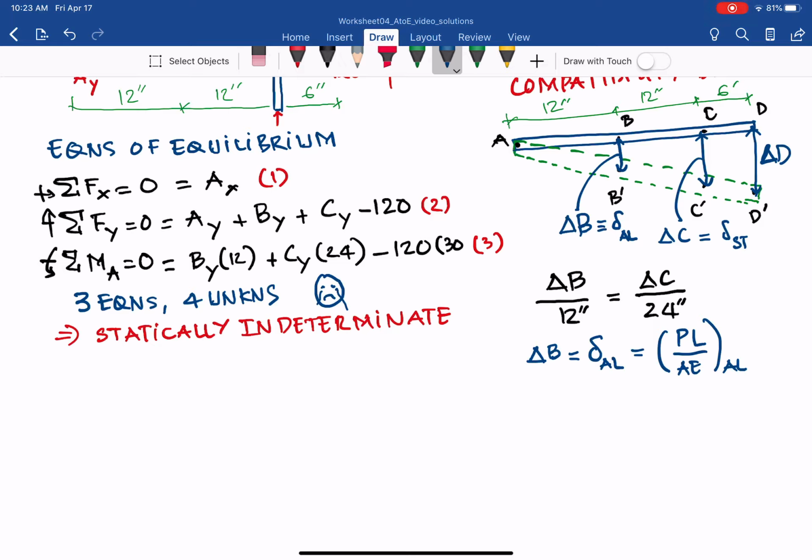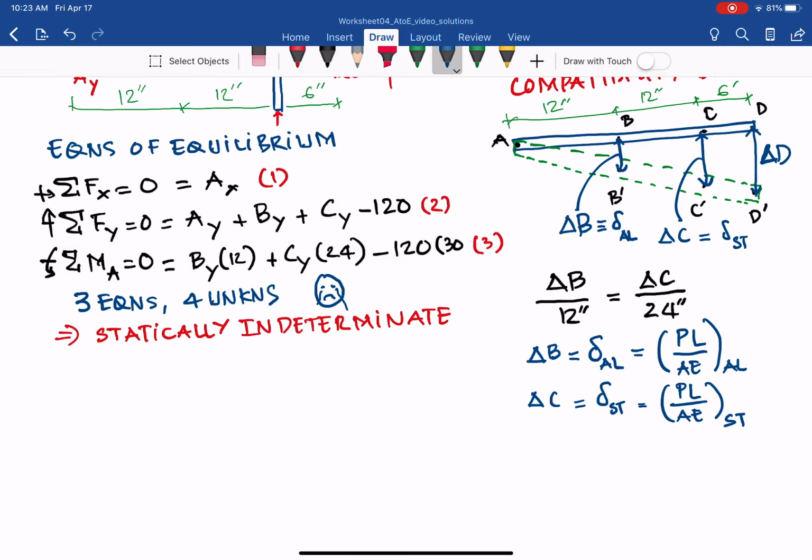And then we also have delta C equal to the deformation in the steel rod, which is PL over AE. And be mindful, what is P? That is the actual load applied on that member.